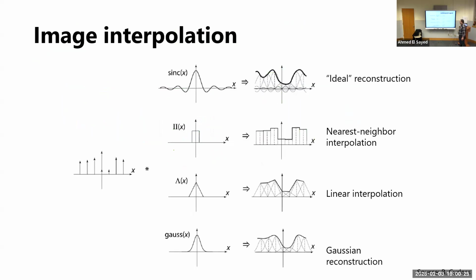They proved that the best filter that can reconstruct or make an ideal interpolation is the sinc filter. Remember, what is the sinc? Sin x over x. This is the best filter to reconstruct the sample back.